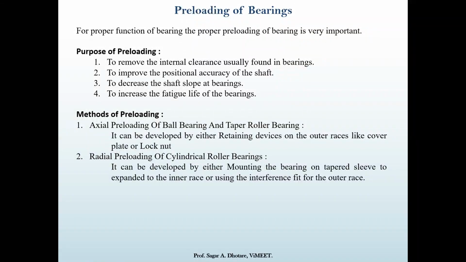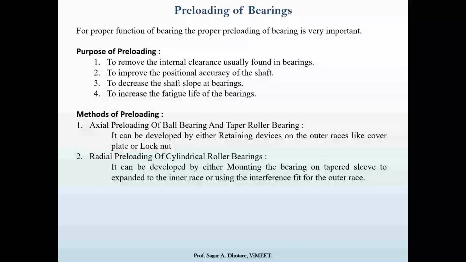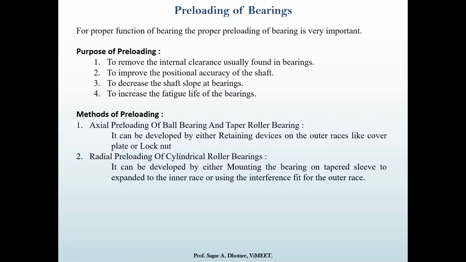If preloaded bearings are there, then we have these objectives. Otherwise, they can fail and have reduced fatigue life. Slope can occur in the shaft, positional inaccuracy in the shaft, and maybe the internal clearance will be increased, and that's why they can lose their position.